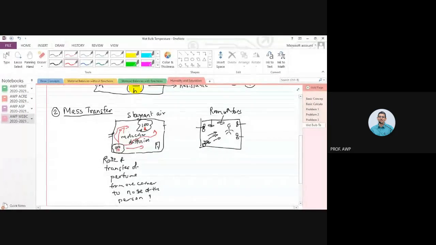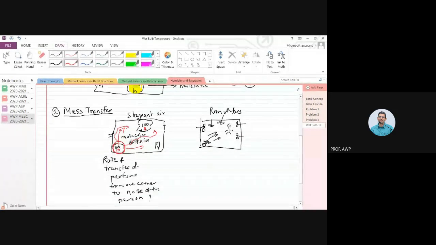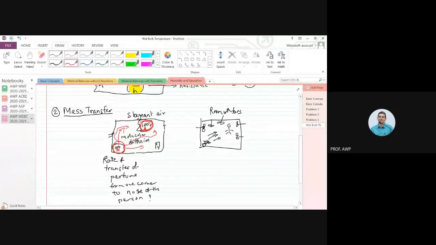So the rate of transfer of perfume out of this control volume of 100 molecules will be proportional to 10. The rate of transfer of perfume molecules out of this control volume of 100 molecules will be proportional to 1. So the net rate of transfer of perfume molecules from here to here would be proportional to 10 minus 1.